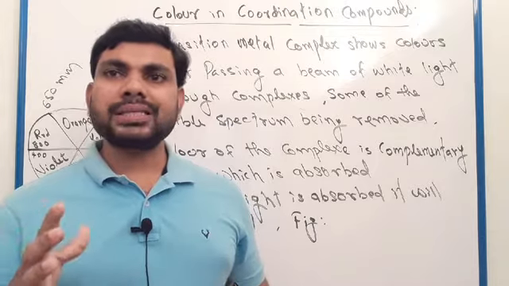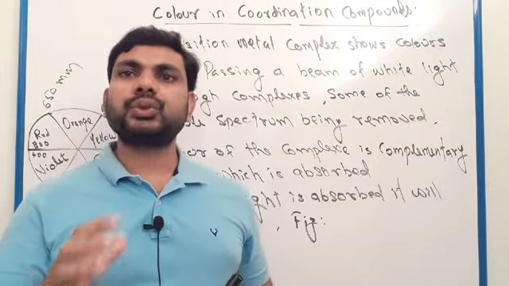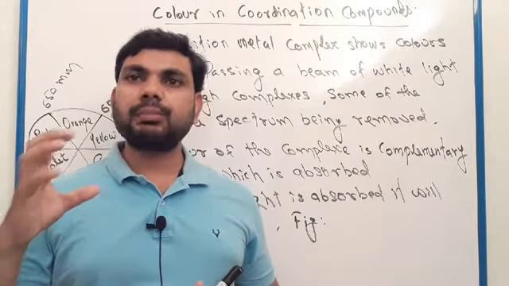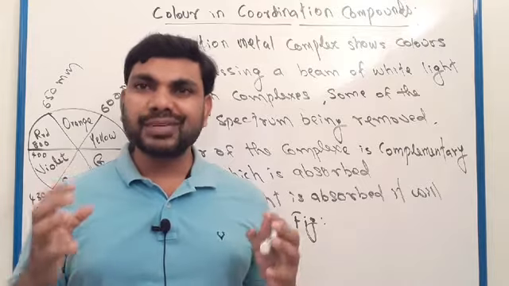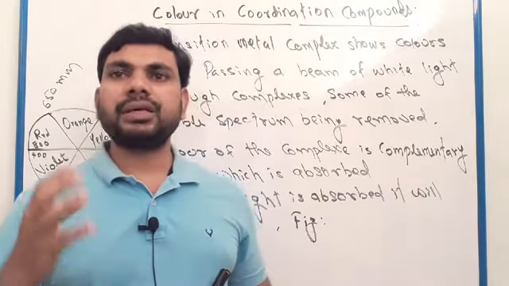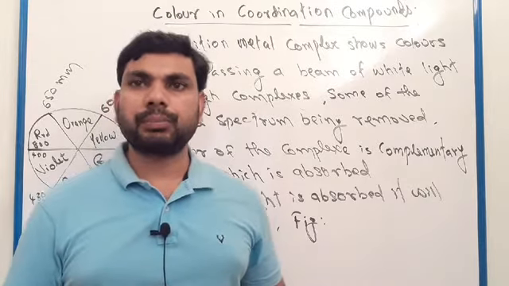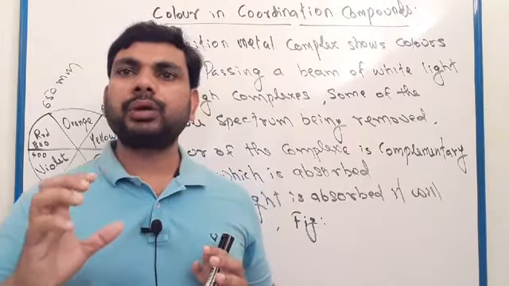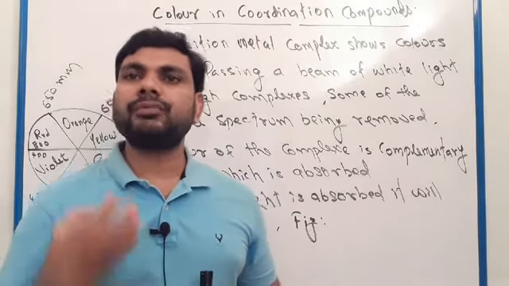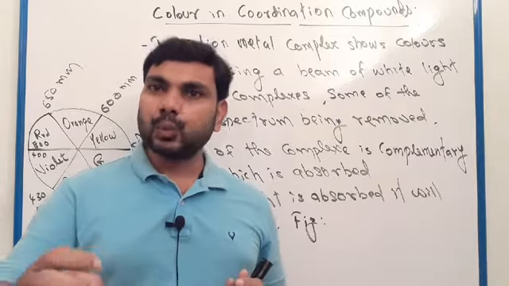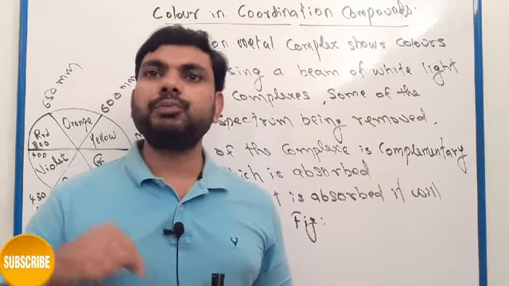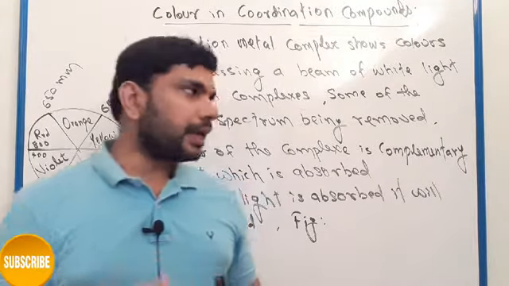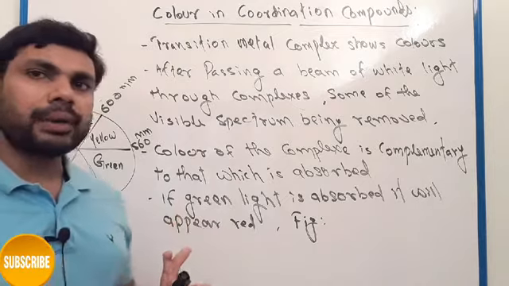When you pass a beam of light through a coordination compound, it will absorb some of the radiation from the visible spectrum. Visible spectrum means VIBGYOR. From VIBGYOR some of the radiation will be absorbed. Then the coordination compound forms a color.